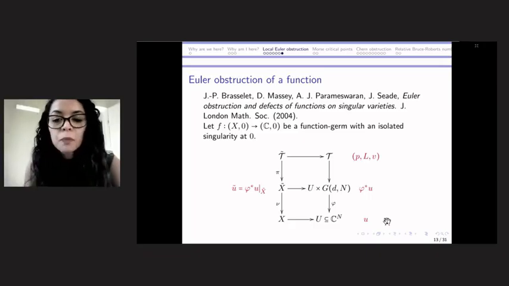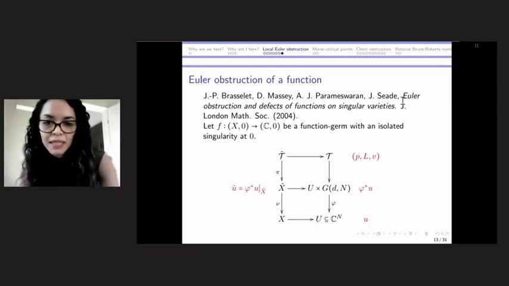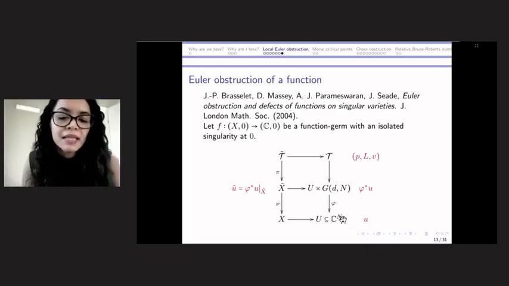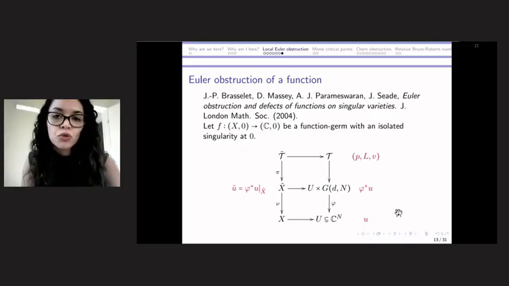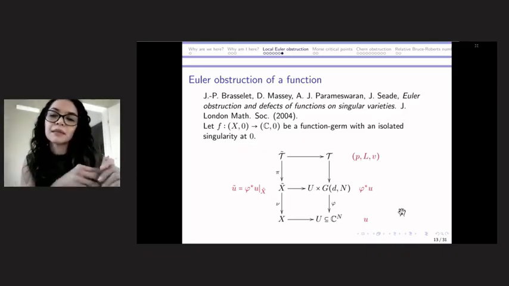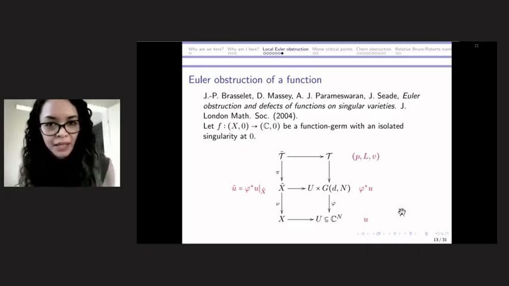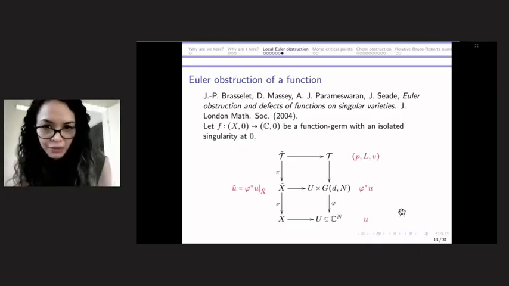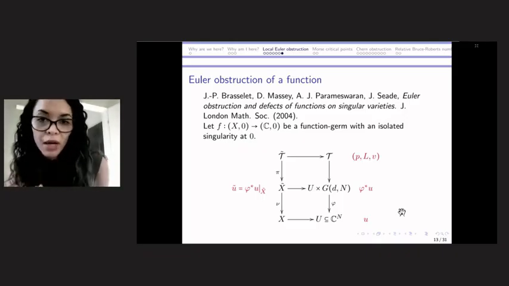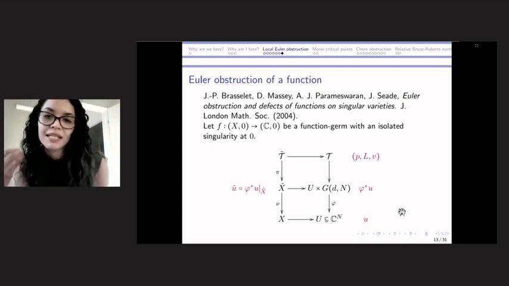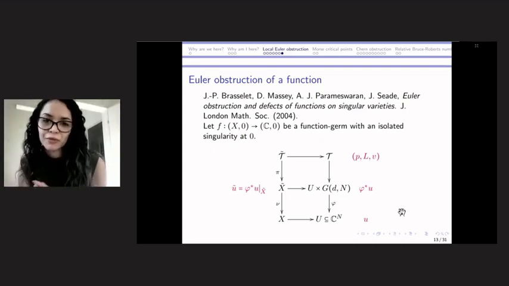So the work I am following, by Brasselet, Massey, Parameswaran and Seade, used the gradient of the function f. Given the function f, we have the gradient, which is a vector field. So they construct a vector field that is a stratified vector field.